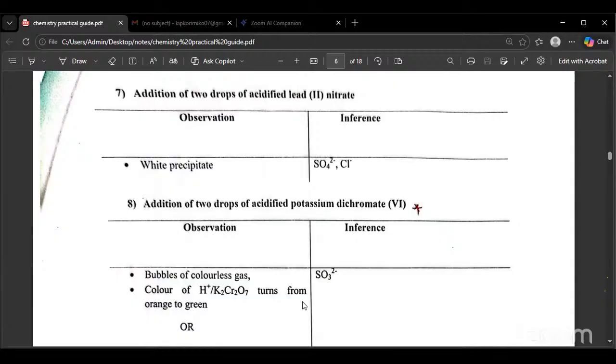Let us see if people remember what we discussed. But the best observation you can give here is the color change. And of course, there is normally formation of bubbles, not necessarily effervescence, but bubbles.